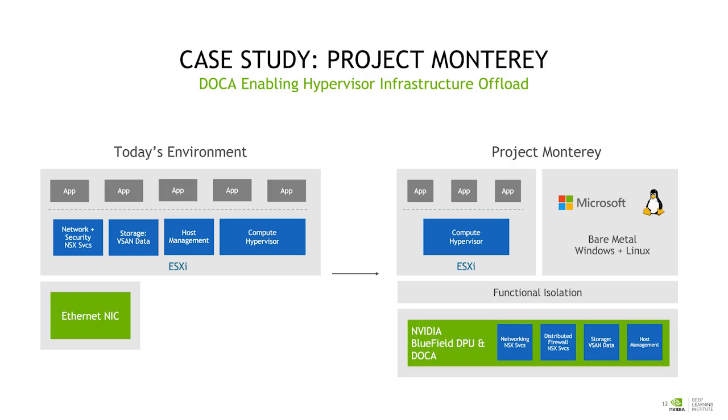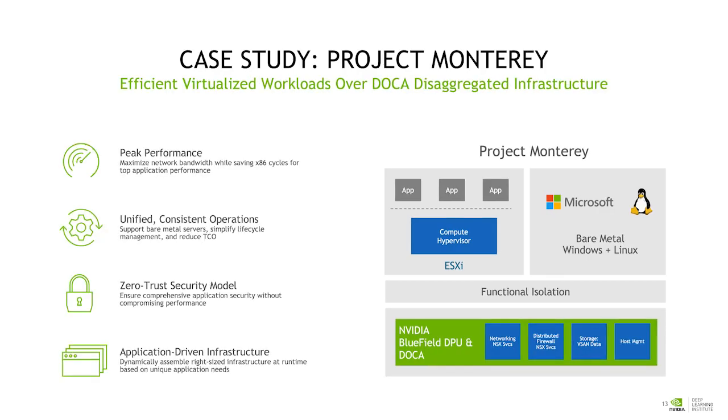That compute hypervisor manages the applications and VMs and provides all of the other powerful and flexible benefits of virtualization. But think about all of those other functions of the hypervisor. They're really infrastructure functions. What if we could move those functions down into the DPU and also functionally isolate those services and functions? Offloading the software-defined infrastructure functions is exactly what NVIDIA and VMware have partnered together to accomplish.